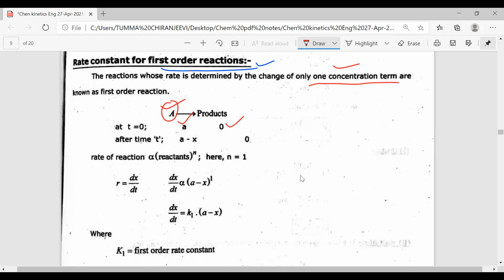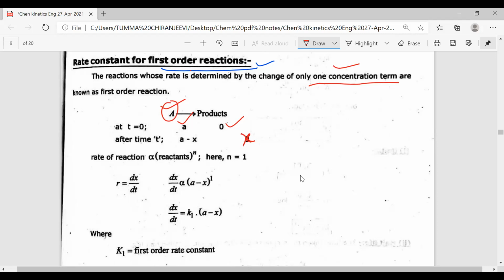After some time, that means at a time t, some of the reactants convert into products. Here, after some time, let the concentration of the products be x.